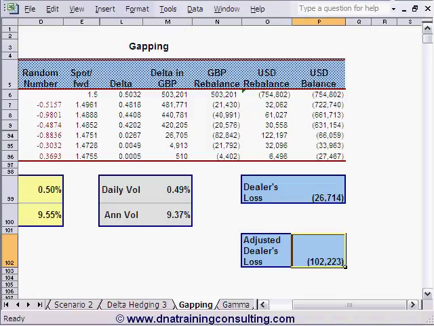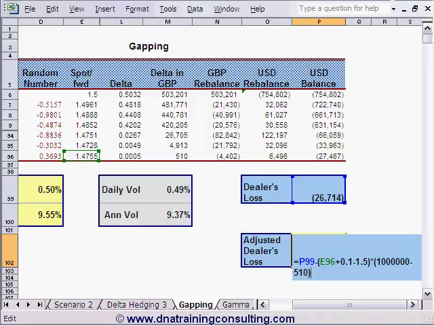The formula in the cell P102 adds to the loss of 26,714 appearing in cell P99 an additional and large loss, reflecting the fact that 999,490 pounds sterling must be purchased by the trader at the spot price of 1.5755, only to be delivered under the option at a strike price of 1.